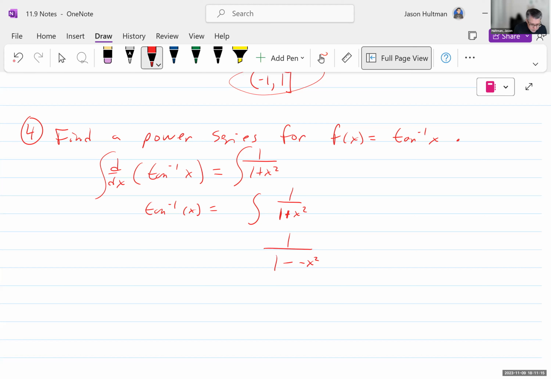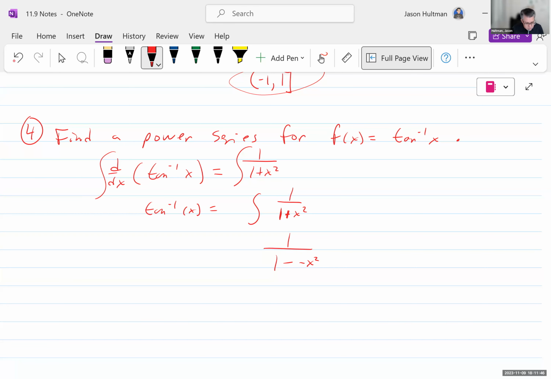Yes, it was example 1. Hmm. Was it though? Yeah, it was. Oh no, we would have to integrate that. Yeah, that makes sense.